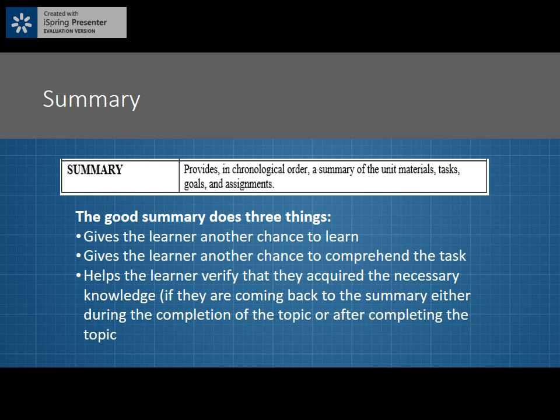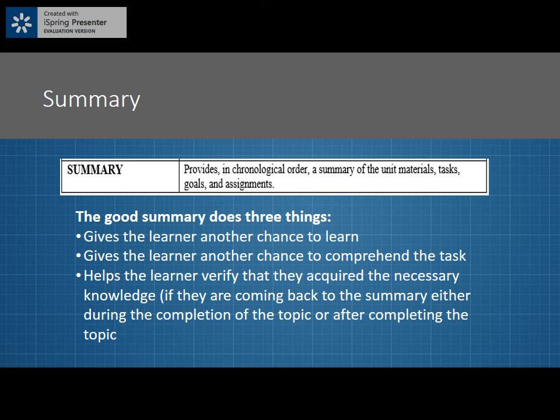The summary component of the topic provides, in chronological order, a summary of the unit materials, the tasks, the goals, and the assignments. Horton suggests that we include a real summary that states the key points the learner should know before ending the topic.